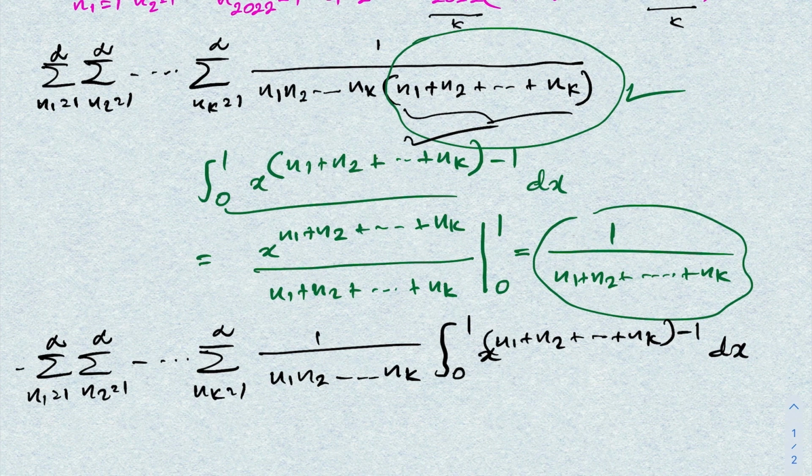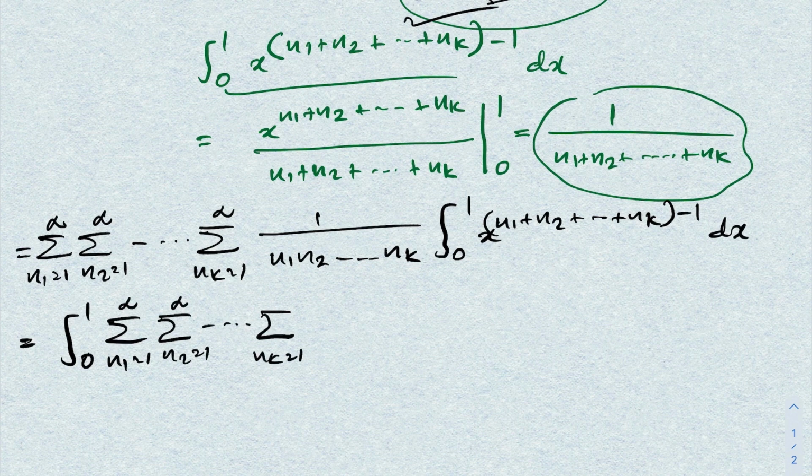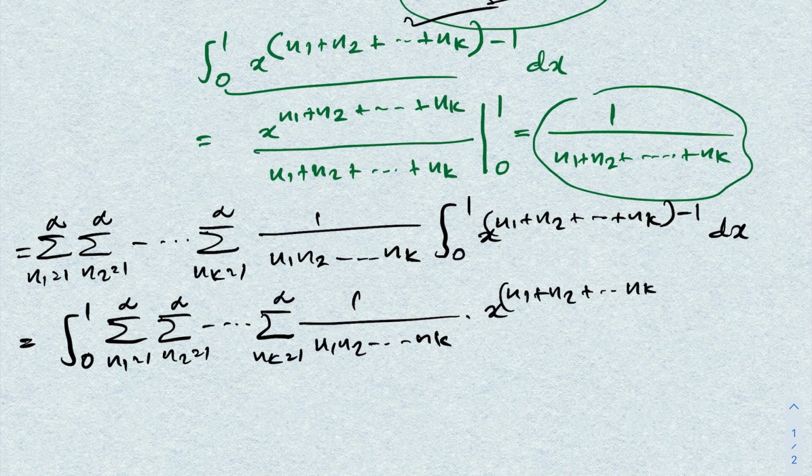Okay, then we can switch the integral sign and sigma notation. So we can write the integral from 0 to 1, sum of n1 equals 1 to infinity, sum n2 equals 1 to infinity, up to nk equals 1 to infinity, 1 over n1 n2 up to nk, and x to the n1 plus n2 plus nk minus 1 dx.